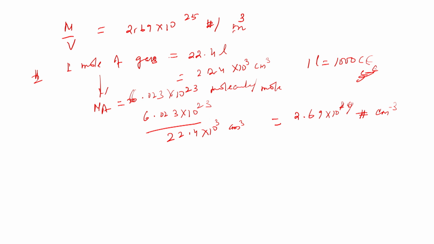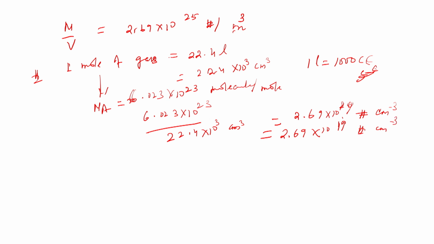So 10 to the 23 minus 3 will be 20, and 6 upon 22 will be 2.69 with the decimal shifted, so you write 2.69 into 10 to the power 19 molecules per centimeter cube. This is for centimeter cube.